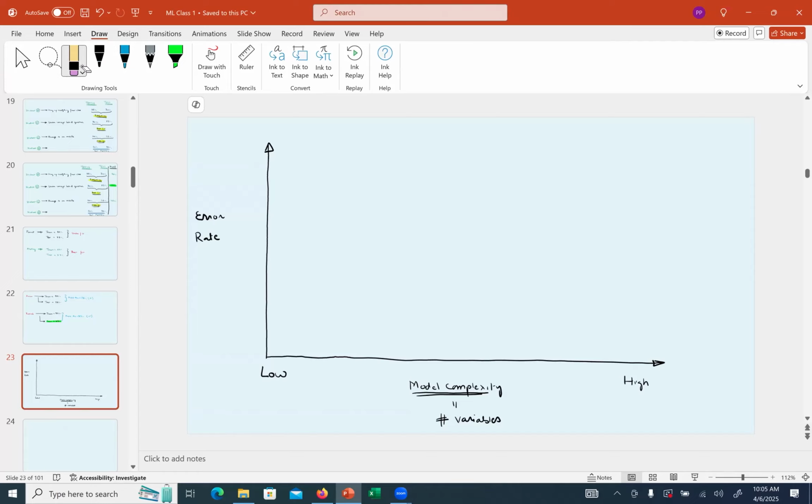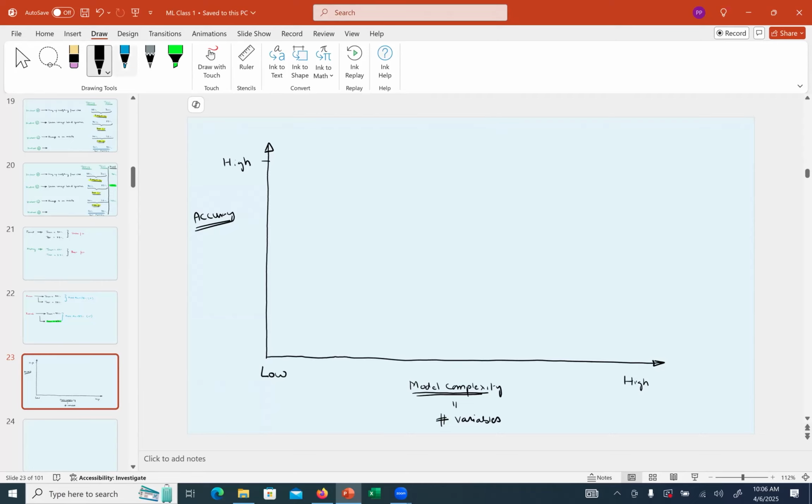Actually, let's make it with accuracy only. Obviously here the model accuracy will be low, and on this end, the model accuracy will be high.